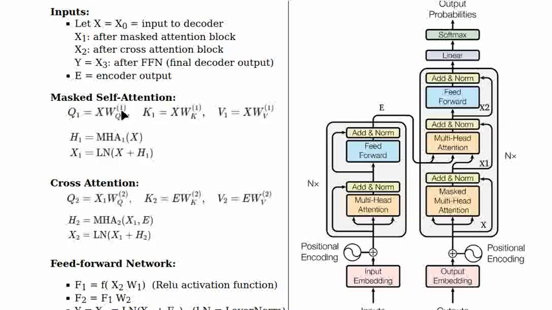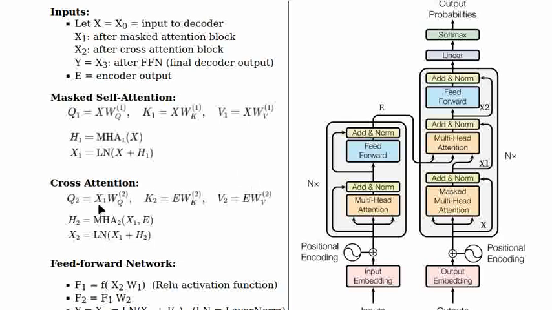The index 1 here refers to the first block. It is the masked self-attention here. After the calculations with input X, we obtain the output H1. And after the add and norm, we get X1 here. The LN here means layer norm, layer norm of X plus H1.